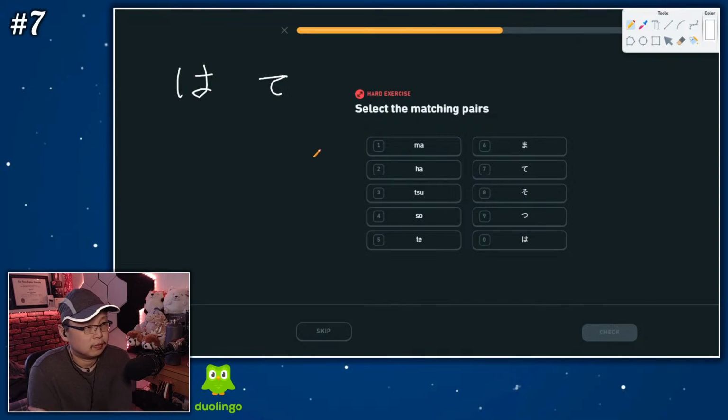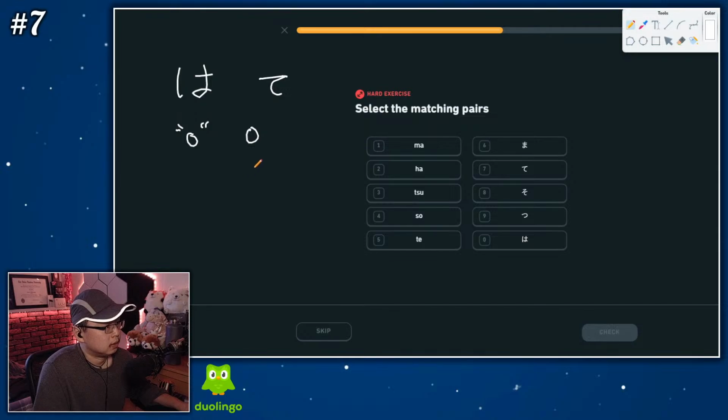Thankfully, u doesn't have two u's, like ooh and ooh. We'll see, because I'm pretty confident I've already heard o and o. So o and o are two different things, and obviously in romaji, it's just denoted as o.